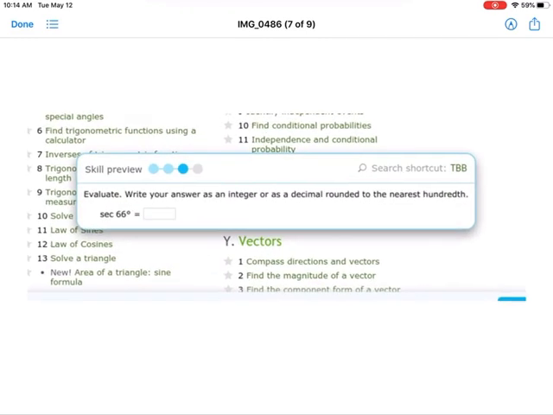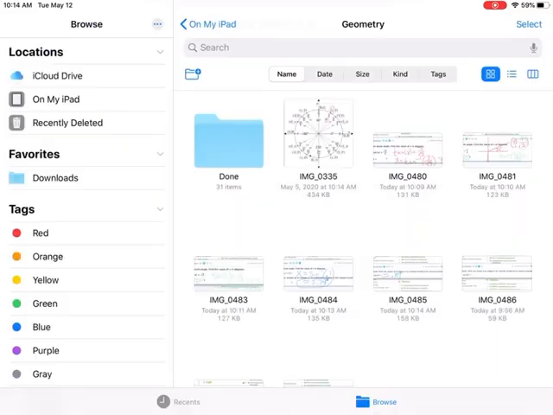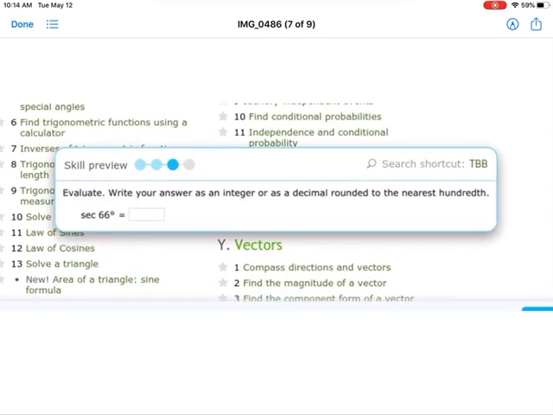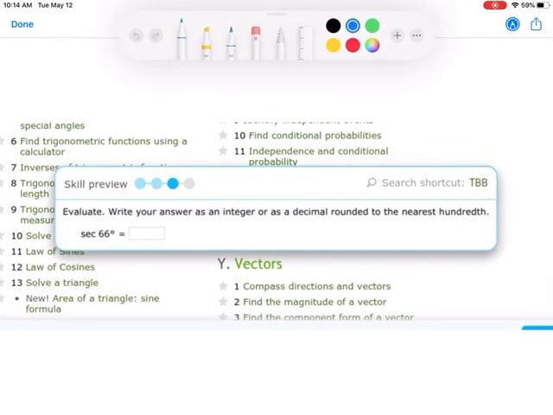Secant of 66 degrees. Keep in mind, the secant is the flip of cosine. There are two ways you can do this. You can simply find the cosine of 66, making sure you're in degrees, which is 0.4067, and then flip that answer over.